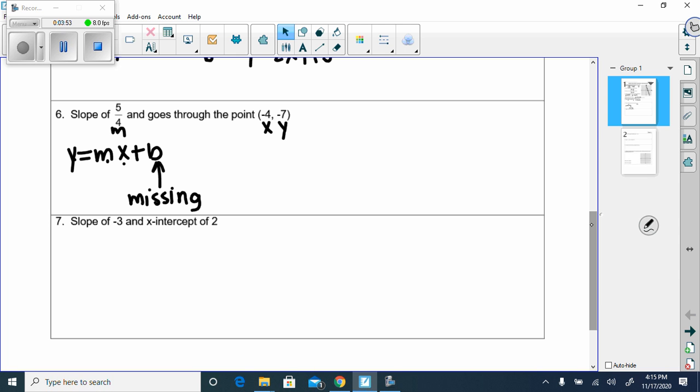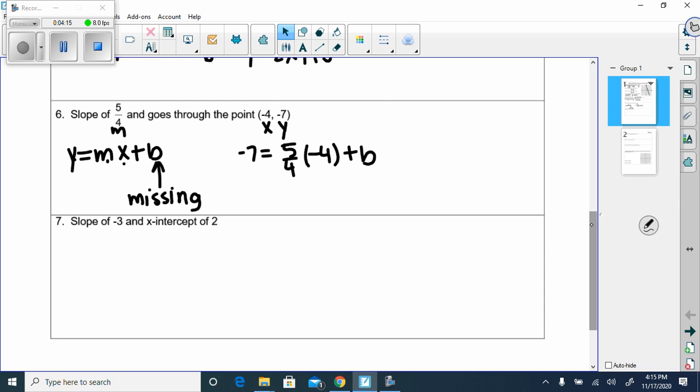So I'm going to substitute in everything they gave me. So in place of y, I can plug in negative 7. In place of m, I can plug in 5/4. In place of x, I can plug in negative 4. And then I don't know b, so I have to leave it as a variable.